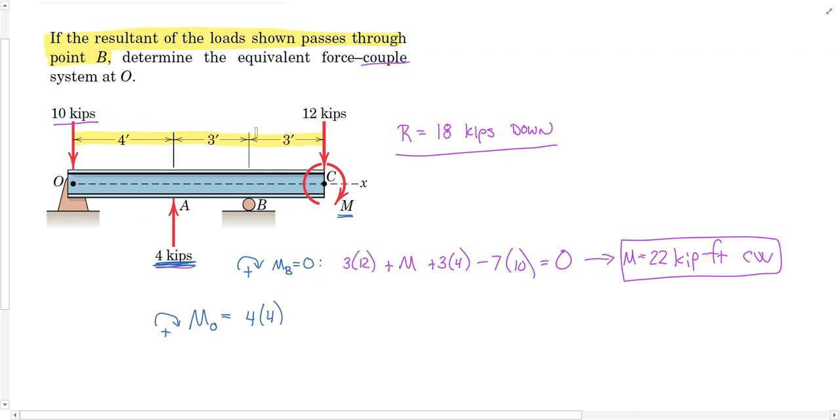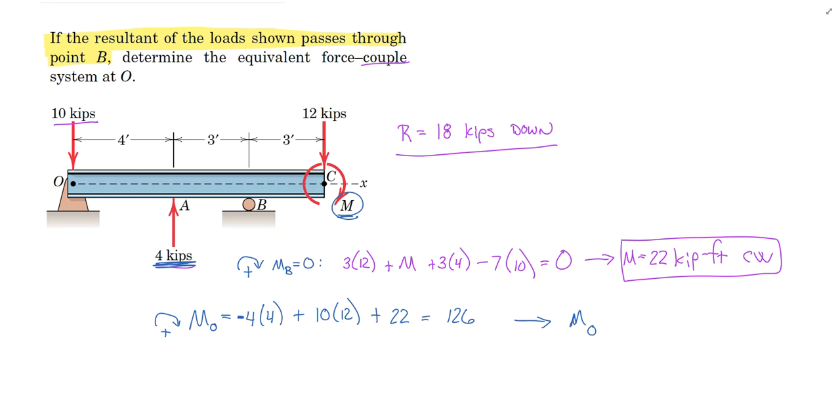It's 12 times 10, and that force is going to produce a clockwise moment around point O. So, this counterclockwise was minus, so minus 4 times 4. So plus 10 times 12. And then I have an applied moment M, which I know is 22, so plus 22. And that is equal to a value of 126. So the moment around O is equal to 126 kip feet clockwise.